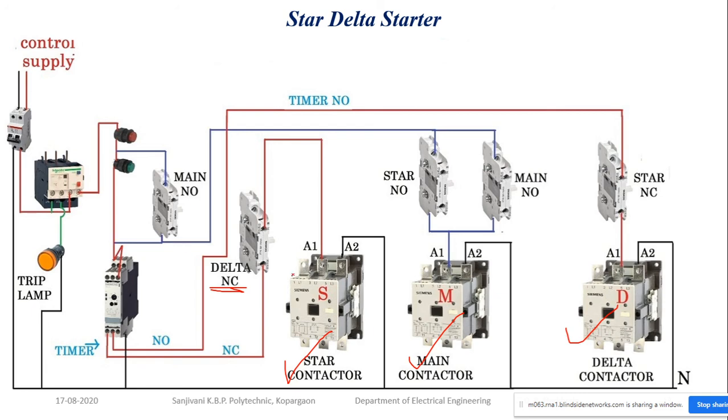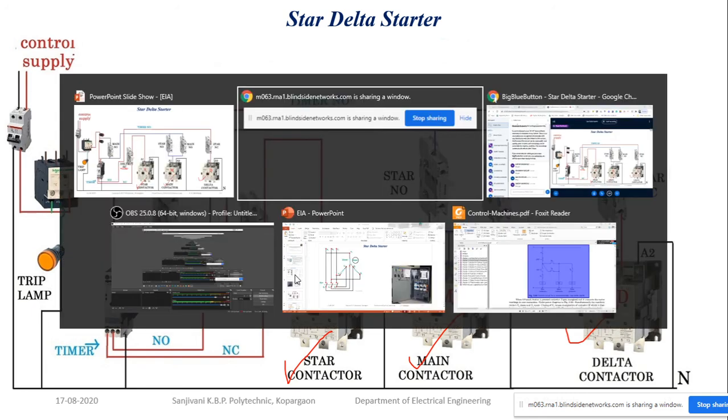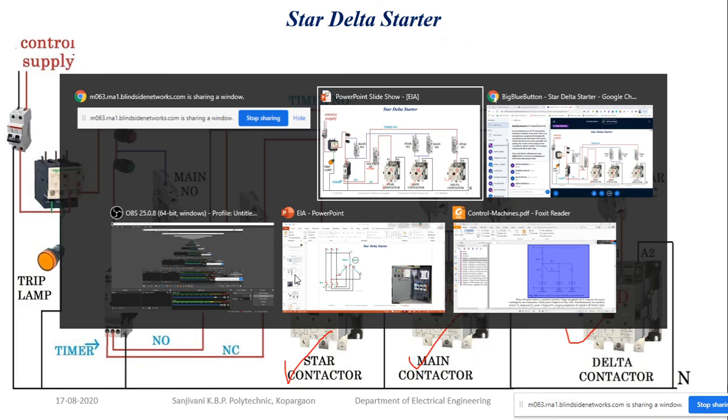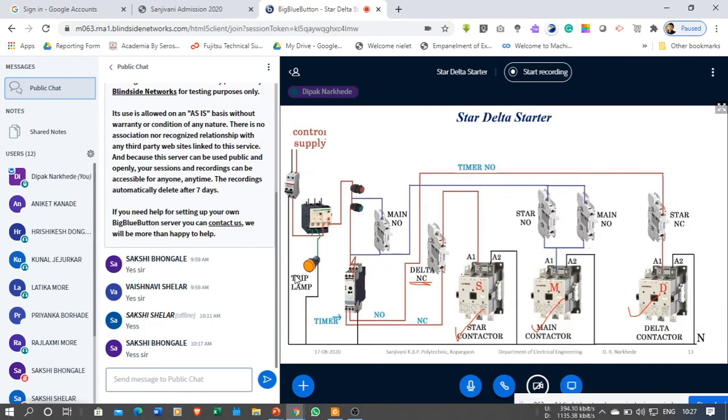Now we will stop over here, and in tomorrow's lecture we will discuss the semi-automatic and automatic star delta starter. Today what you have to do: in the control of machines book, I have already circulated the control of machines PDF in the TYE group.